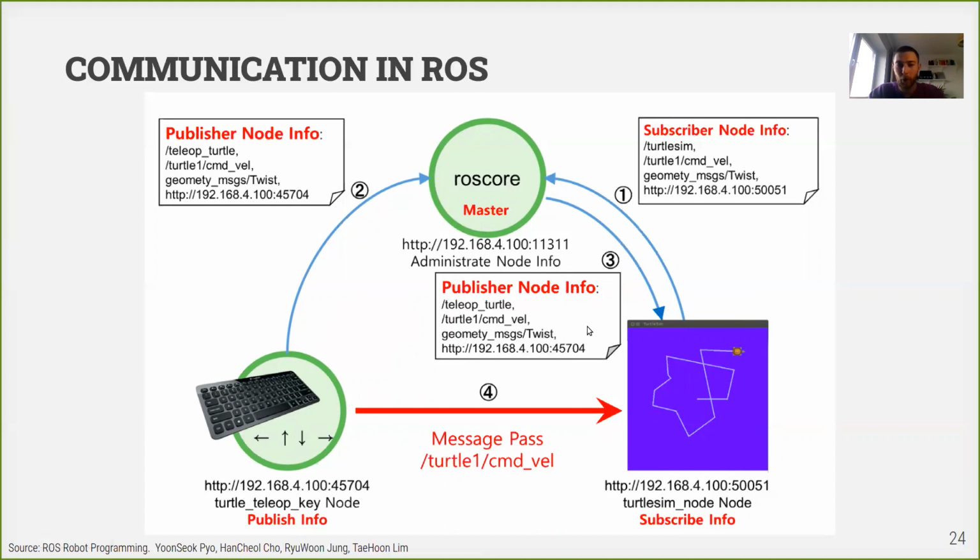These two nodes know the addresses of each other, and communication happens just between them. Data is streamed into topics, and they communicate strictly through it, without using ROS master. So ROS master is used only to make them connected, to tell them that there is some other node waiting for data, and there is this node which publishes the data.